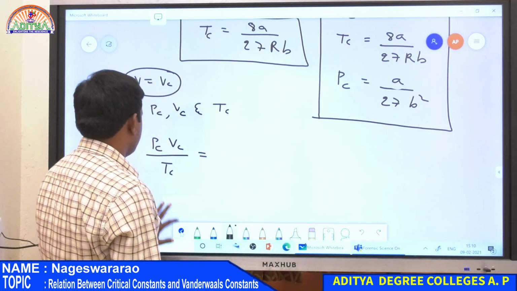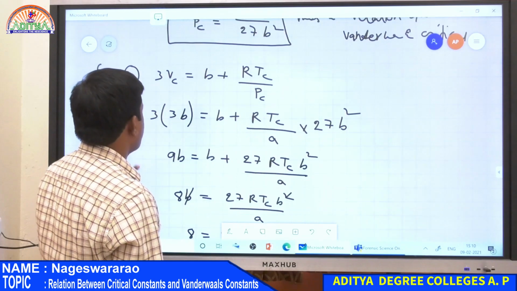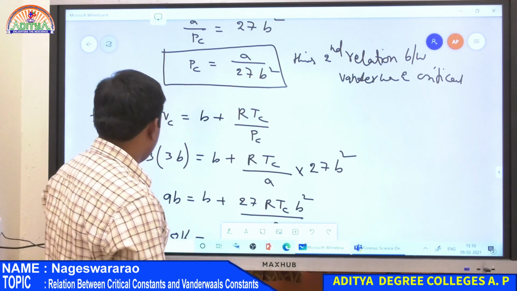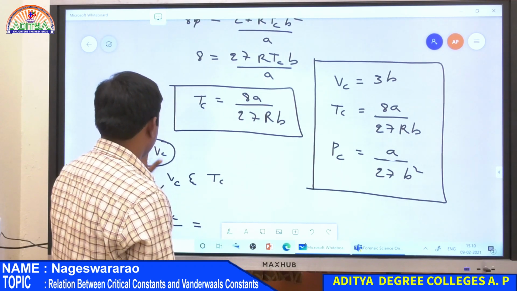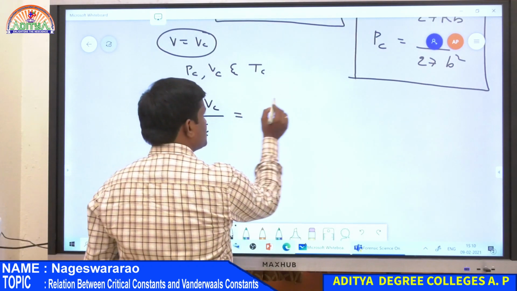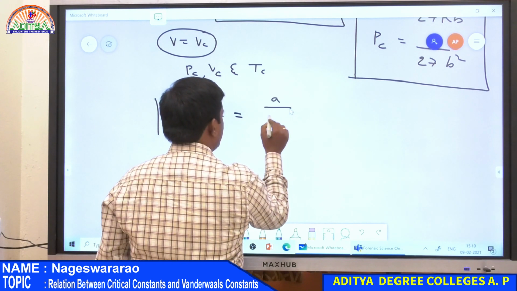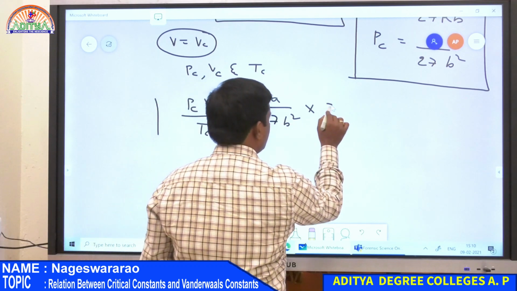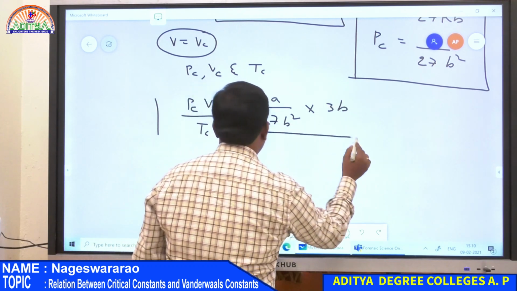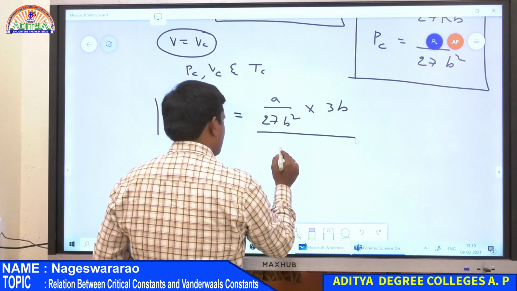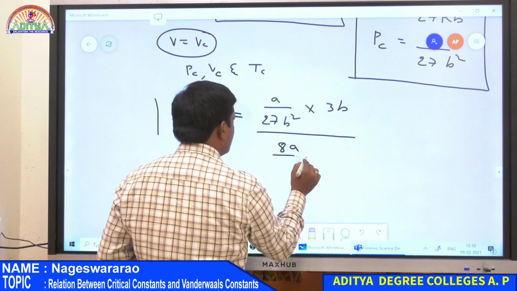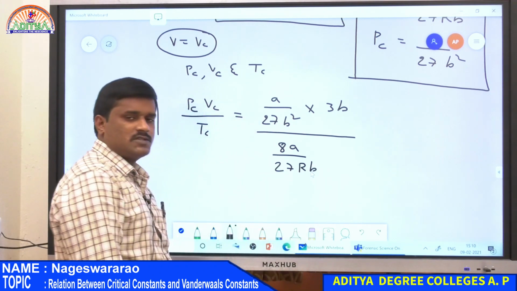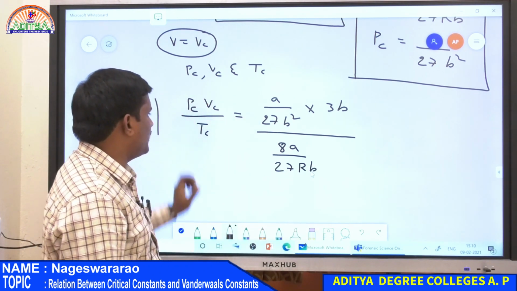So PC into VC is A by 27 B square into VC. What is the VC value? That is 3B divided by TC. So the TC value is 8A by 27 RB. So this is the product of PC VC divided by TC.